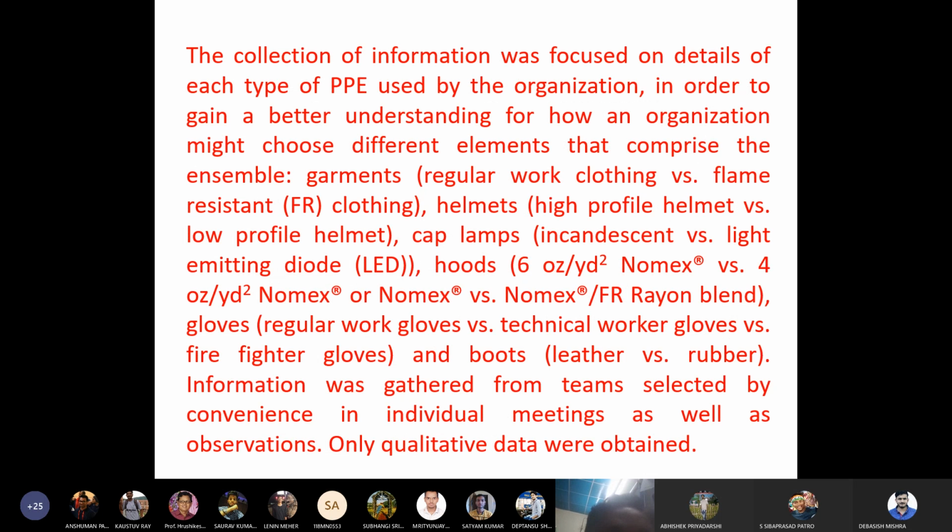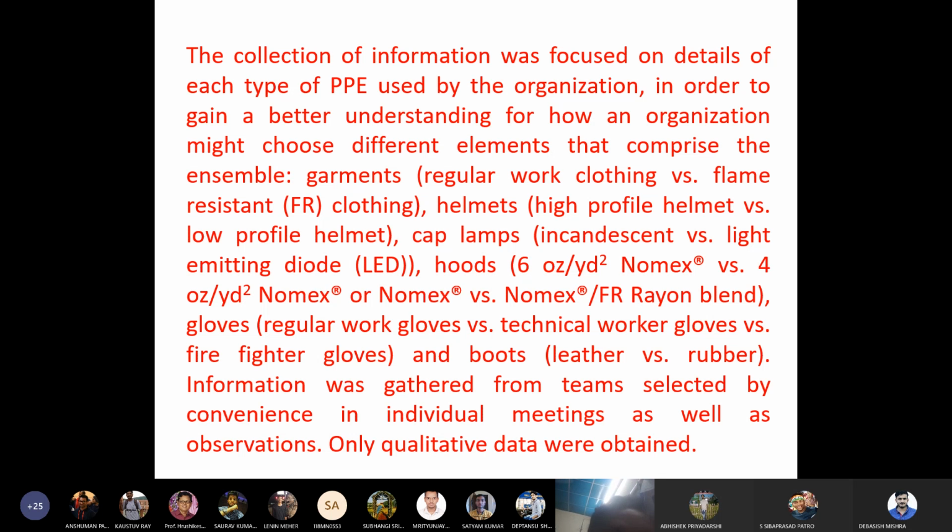The collection of information focused on details of each type of personal protective equipment used by the organization, in order to better understand how an organization might choose different elements that comprise the equipment, like garments.